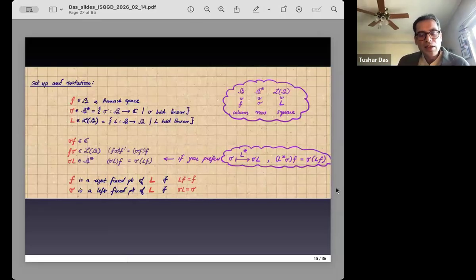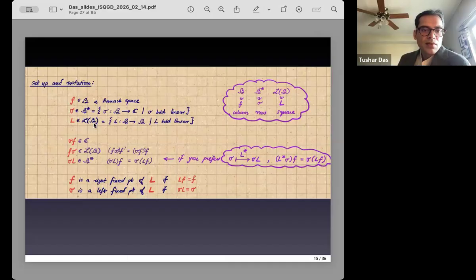So here's the setup for what's at the core, what allows us to prove such results. We're going to let B be a Banach space. Elements of B, vectors, will be f. B star is the continuous dual, and elements will be denoted by sigma.